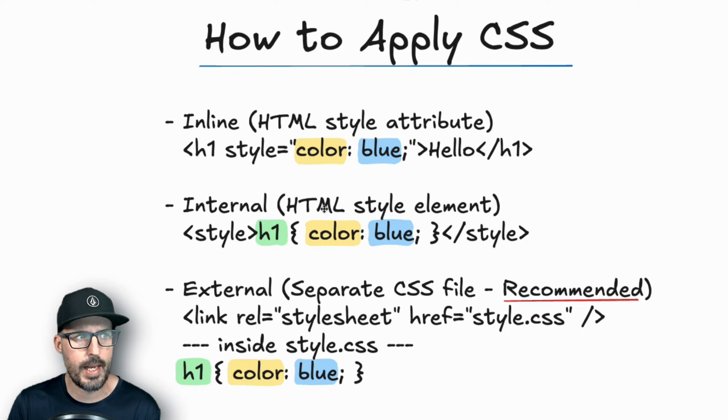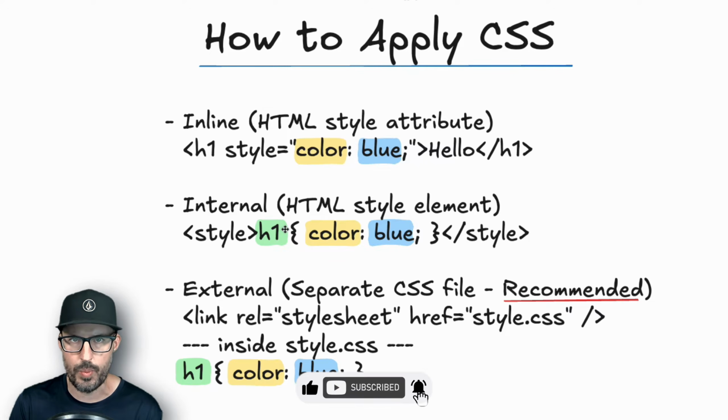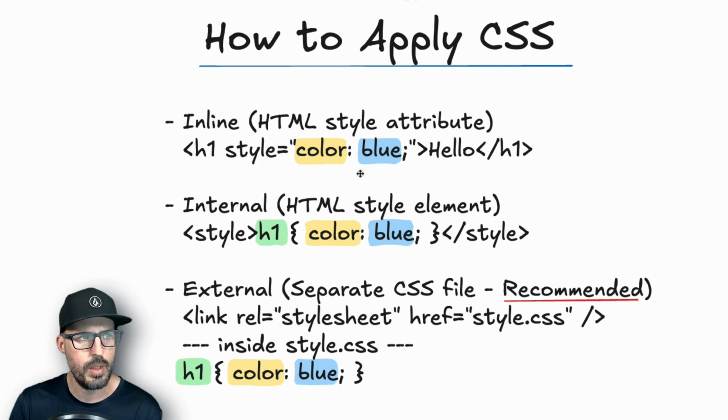But for internal styles, basically you have a style element, and then inside of that style element, you write your selectors. So in this case, we have that same H1 selector that's changing our color to blue. So it's going to target all H1 elements that exist on my page, and it's going to go ahead and set the color of that element to blue. All right, and so anything that exists inside of this style tag, and basically any HTML that is below this style tag, will inherit these styles here.